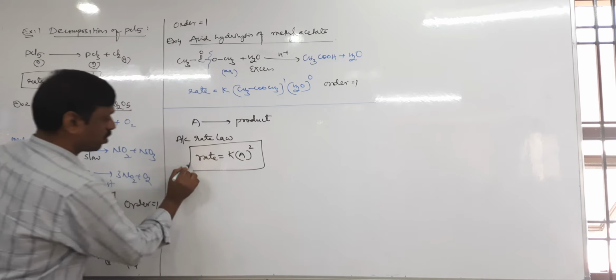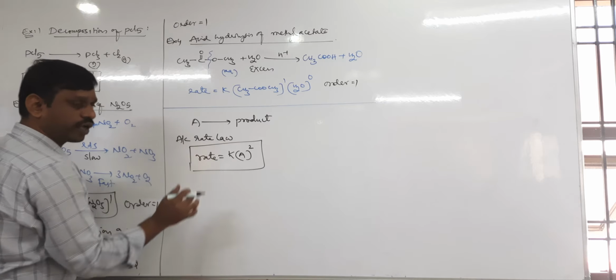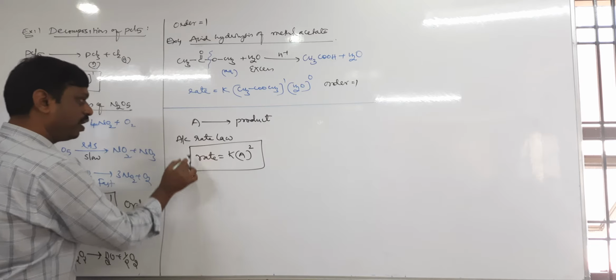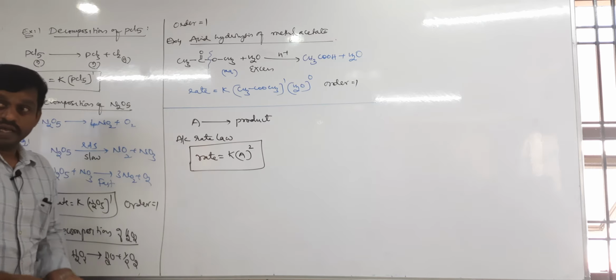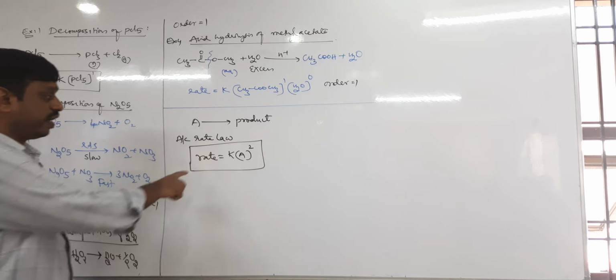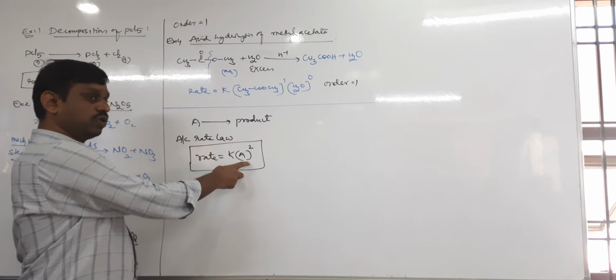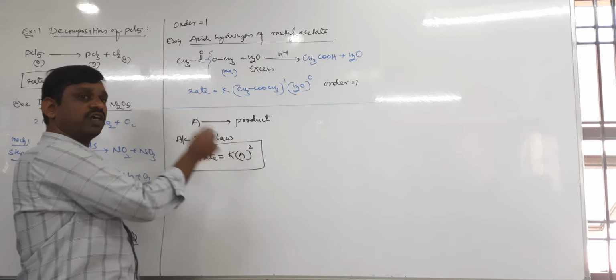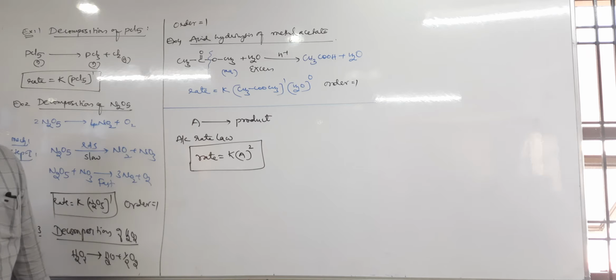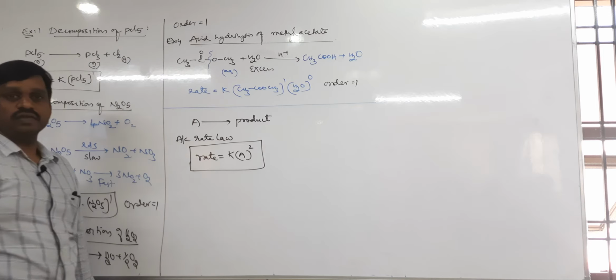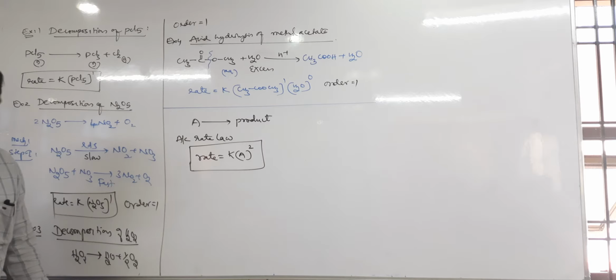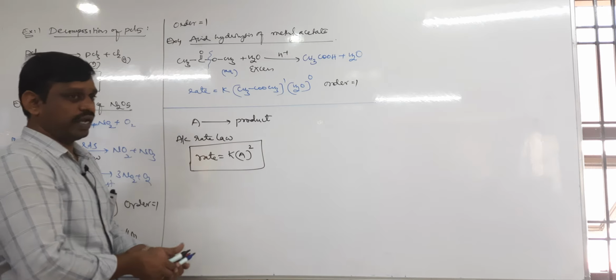Then you may have a doubt, here 2 is not there. Even though 2 is not written, it is an experimentally determined rate equation. Experimentally it is proved that rate is directly proportional to power 2 of the molar concentration of reactant. That is why it is 2, not because of anything written here. So therefore it is a second order reaction equation.